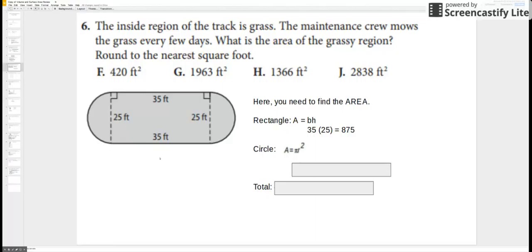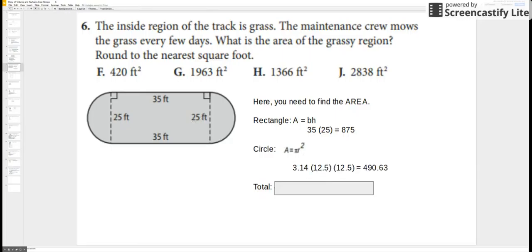Now let's find the area of the circle. Again, we have 2 semicircles. Together they make up one circle with a diameter of 25. Our circle formula has a radius. We know the diameter, so to get the radius, we just take half of the diameter. Half of 25 is 12.5. Then just follow the formula.